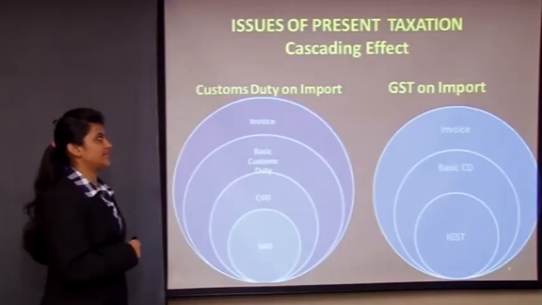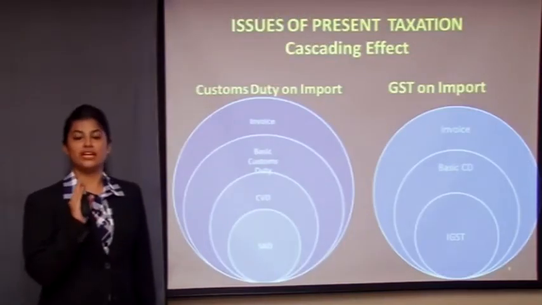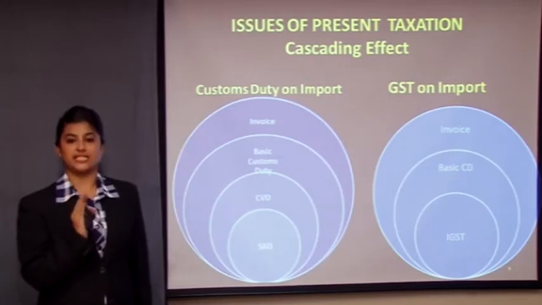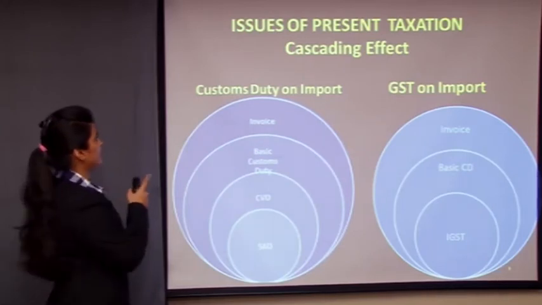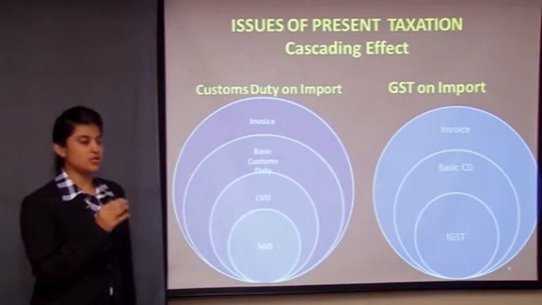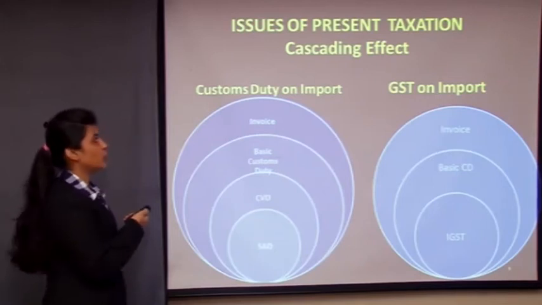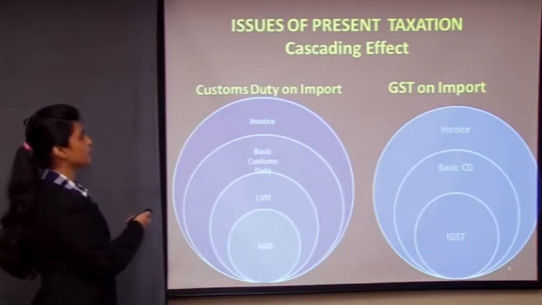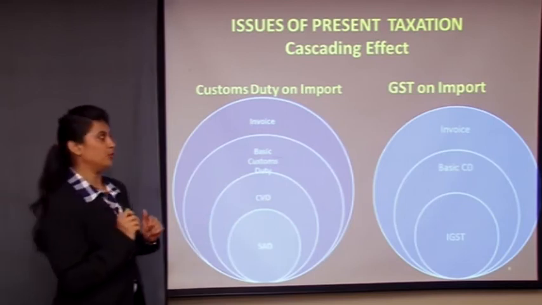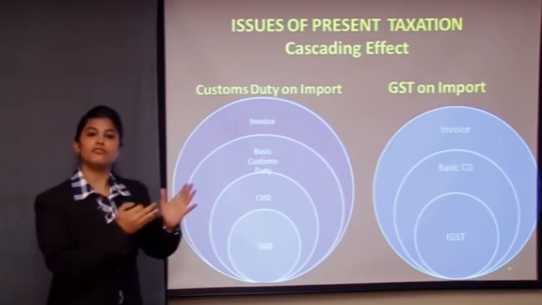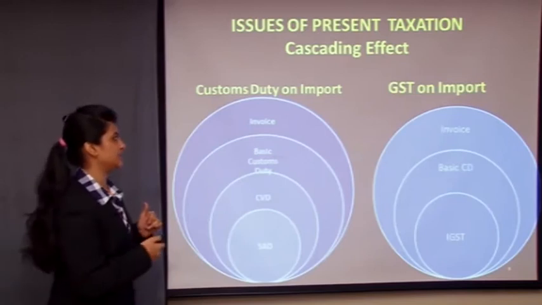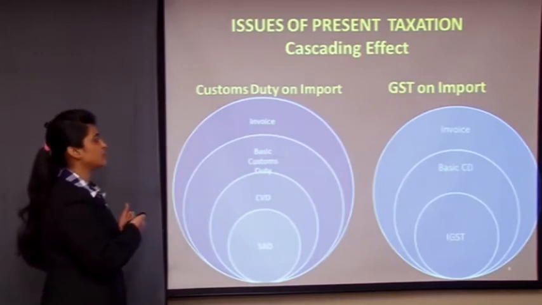Issues of the present tax structure. Before GST is levied, the present tax structure is facing issues, the cascading effect which we talked about before. Custom duty on import. Now if we talk about import, what did we used to do before GST was levied? This is the invoice amount.